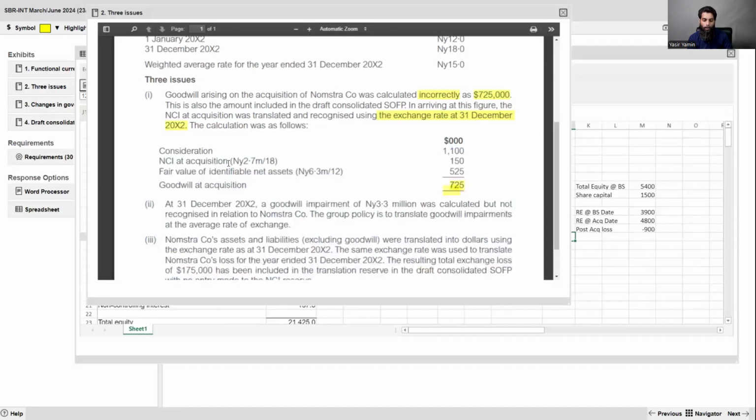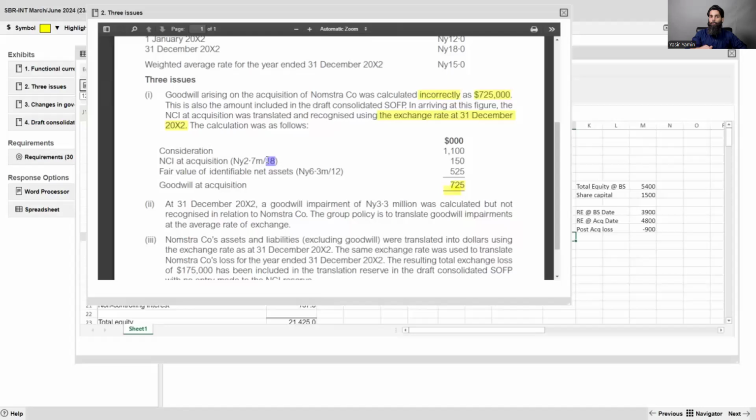Then when it was the fair value of NCI at acquisition, they divided it in order to translate it into the local currency for the purpose of consolidation. They translated this fair value of NCI at acquisition based on the closing date exchange rate rather than dash. What exchange rate should they have used? Can anybody tell me?